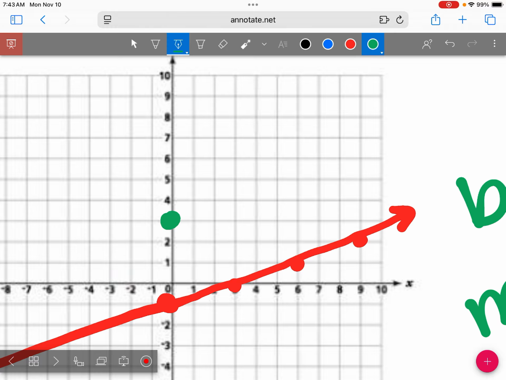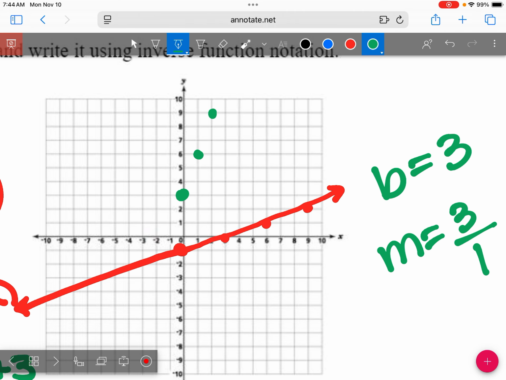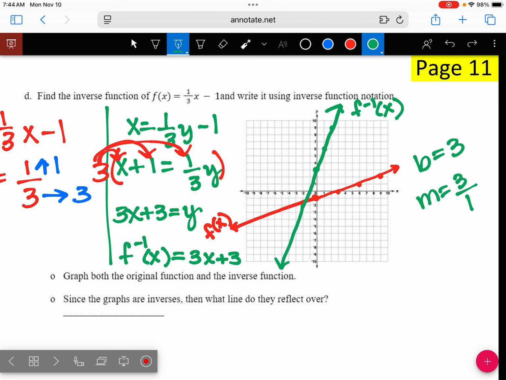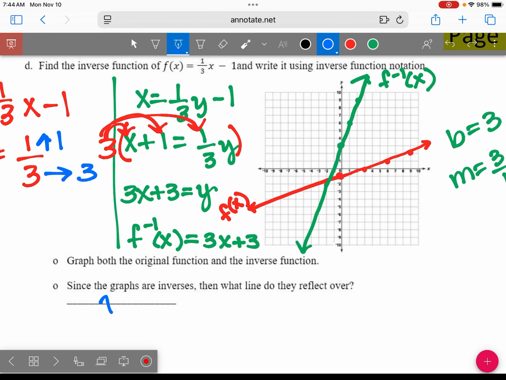Up 3, 1, 2, 3 to the right 1, put a point. And this reflects across y equals x.